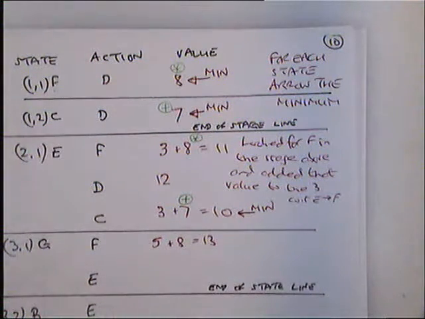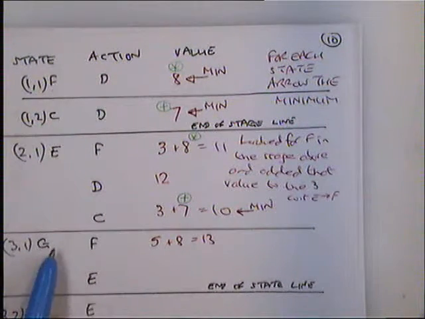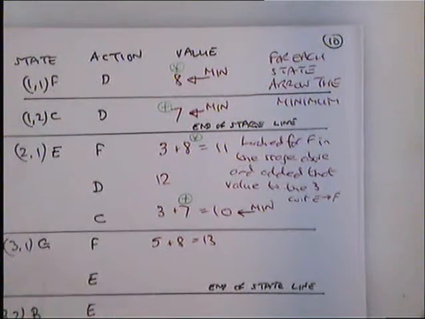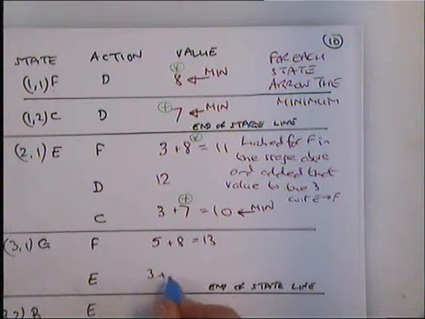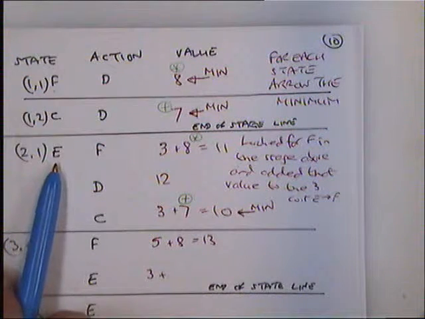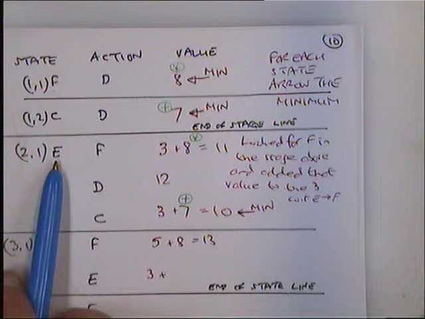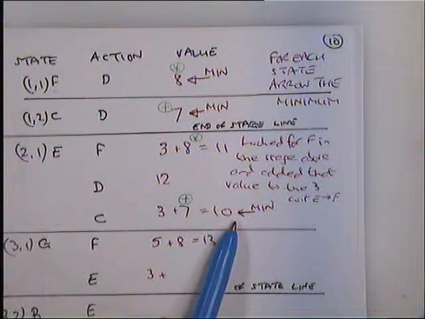The next row, G to E. G to E in the network is a 3. Now we need to find E in a higher up stage on the diagram. Well, E is here. And what is the best value for E? 10. Yes, it's the 10 that we arrowed here.